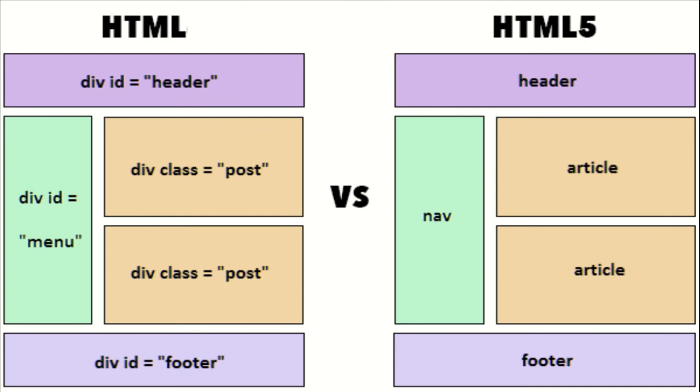It is very simple and user friendly. We have nav in HTML5. In the earlier version we used to write div id equals menu. These are just the names: menu, header, post, footer. These are just the names of the attributes which we used to write. Since we could relate them with the part of the web page, we used to write them as a name.